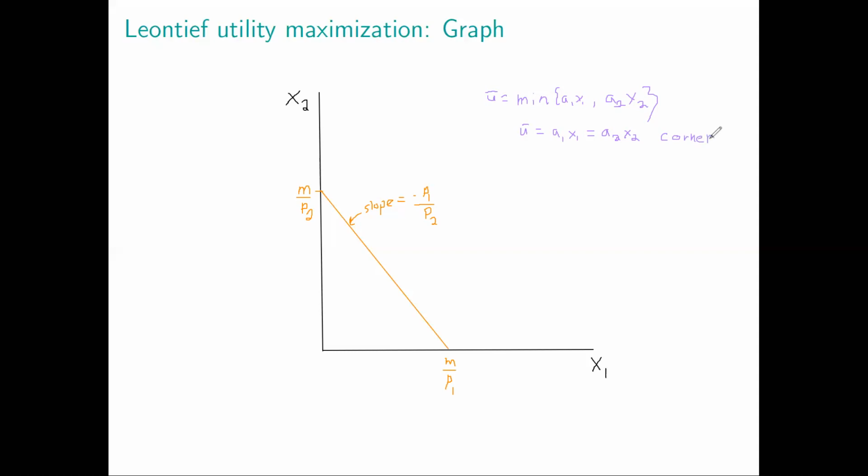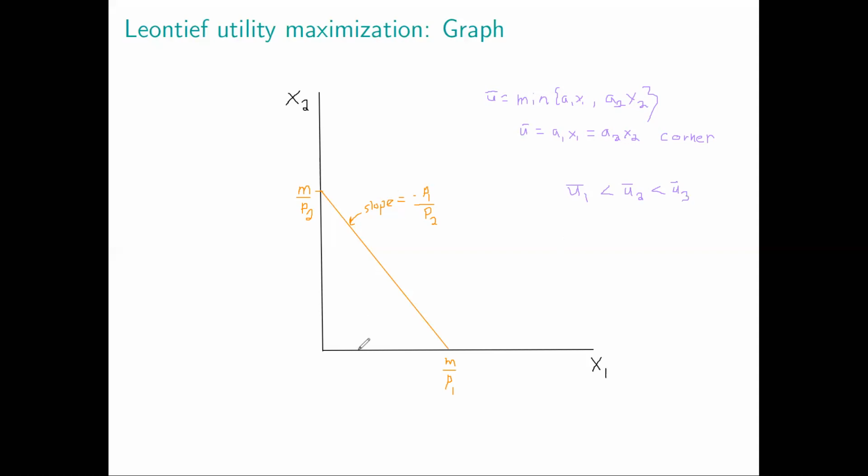Here we'll have u bar 1 less than u bar 2 and u bar 3.